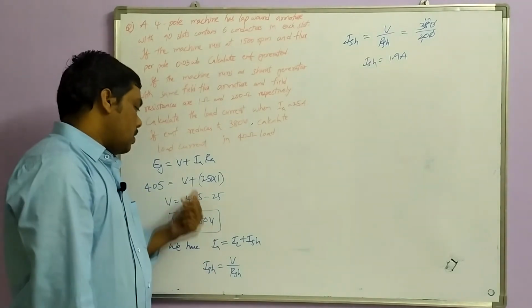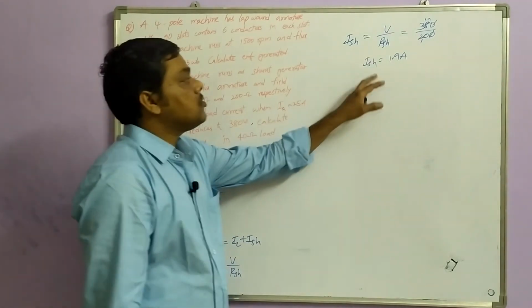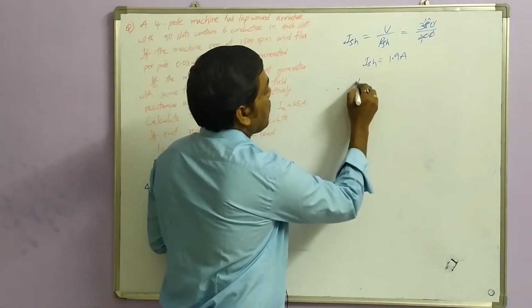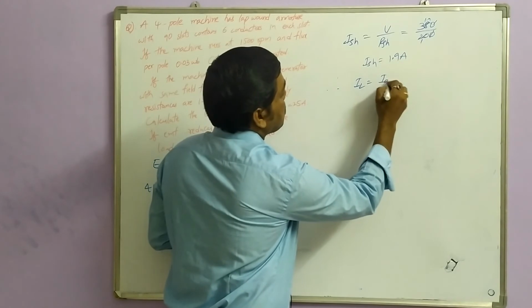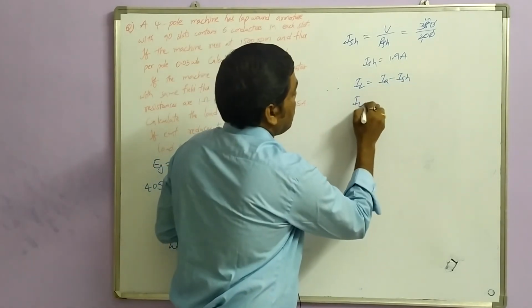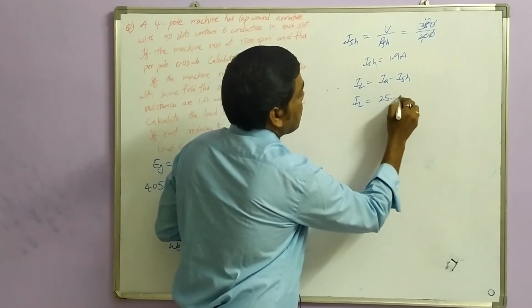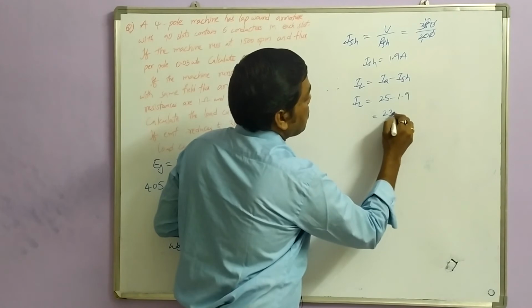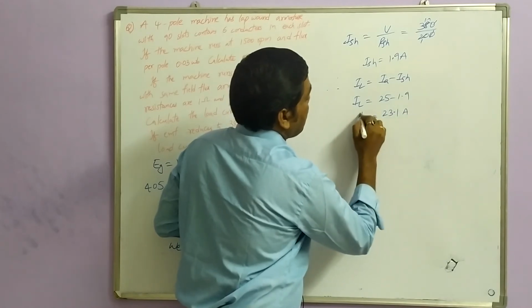Now we have armature current and we have shunt current. So the load current is given by IL is equal to IA minus ISH. Now IL is equal to 25 minus 1.9, which is given by 23.1 amperes.